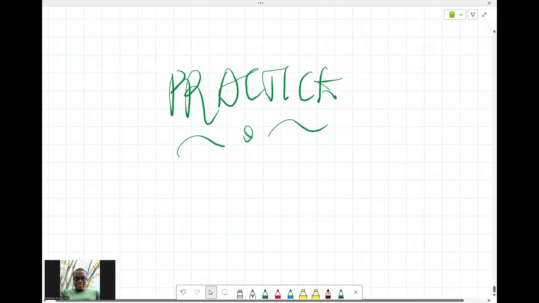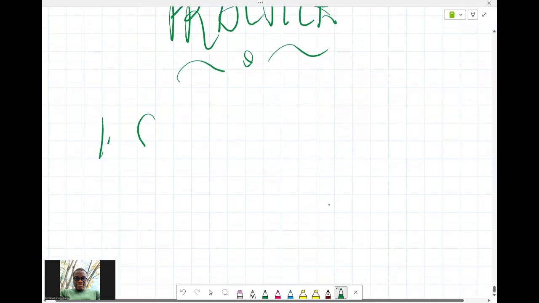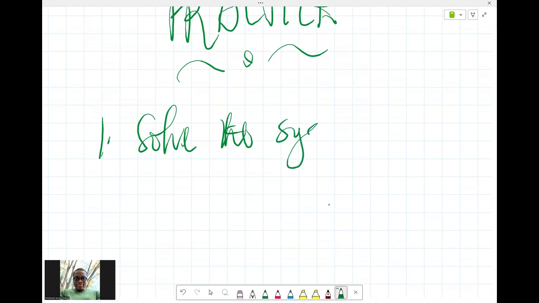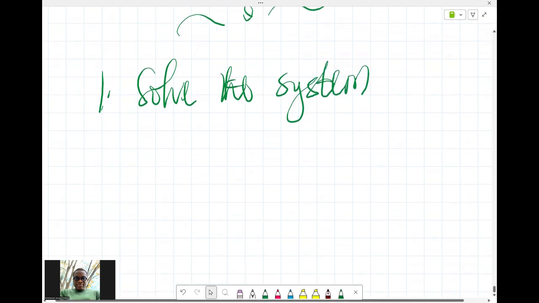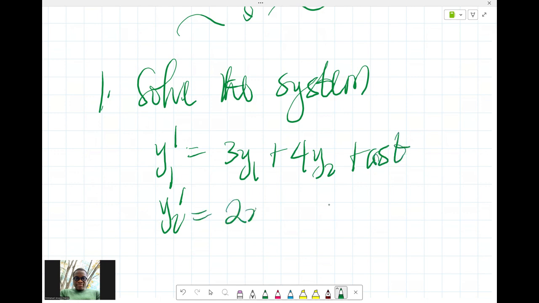Number one, solve the system: y1 prime, y2 prime equals 3y1 plus 4y2 plus cos t, then 2y1 plus y2 plus sine t.